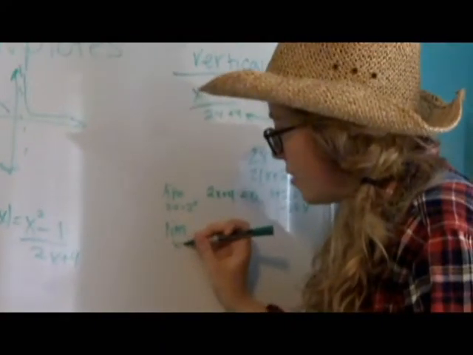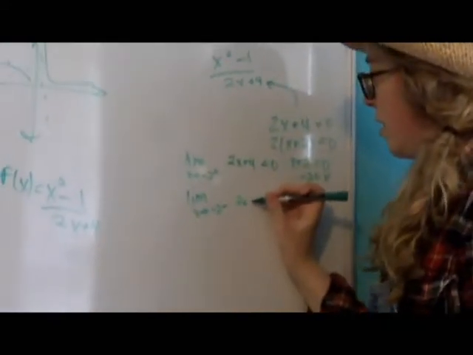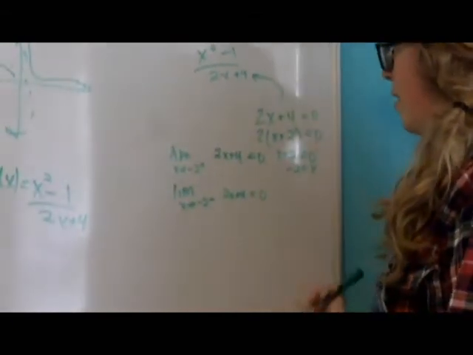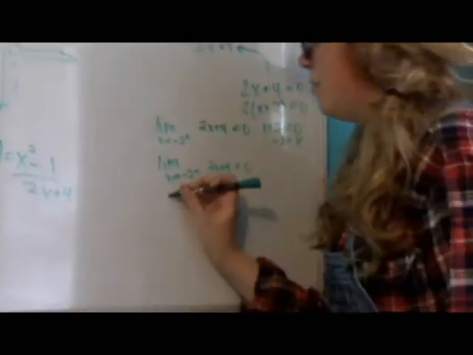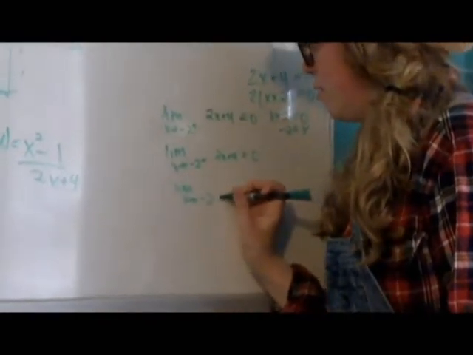The limit as x approaches negative 2 from the left of 2x plus 4 is still going to be equal to 0. So in the end, we know that the limit as x approaches negative 2 is going to be equal to 0.